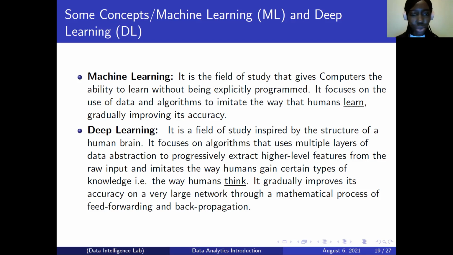When we are talking of machines, we're looking at algorithms, software, right? These things are programmed into computer software, and then they are made to, on their own, explicitly learn and carry out those instructions, and then they continue to improve the accuracy. The algorithm continues to improve its accuracy as it continues to work with data.